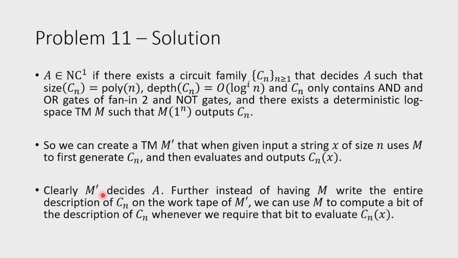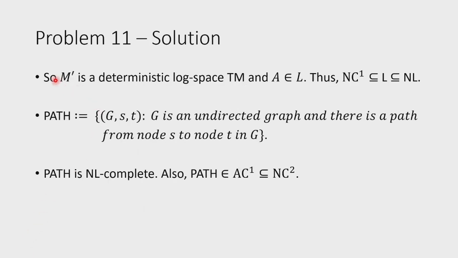The combined machine M prime now runs in log space. So M prime is a deterministic log space Turing machine, and so A is in L. Thus we have shown that log space uniform NC1 is in L. However, we already know that L is contained in NL, so we have log space uniform NC1 is in L is in NL.